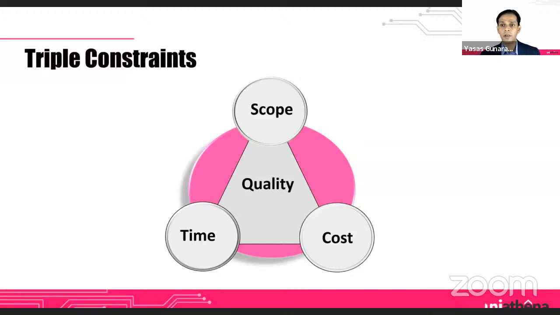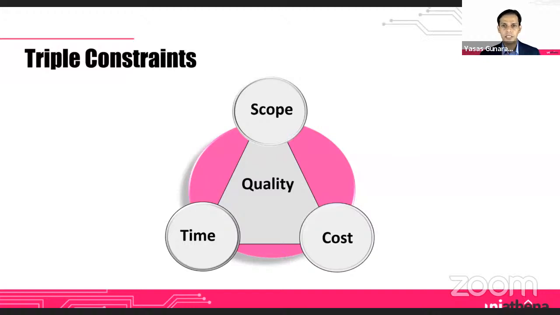And then you have a budget with regard to the project that you're looking at, which is the cost. So you have a scope, you have a cost, and you have a time. So this is what we talk about when we mention the triple constraints. Now, the problem of the triple constraints is you cannot win by getting the best out of all of this.